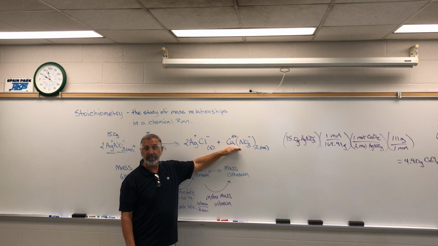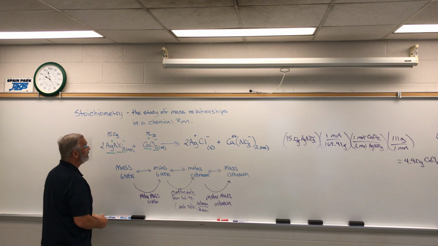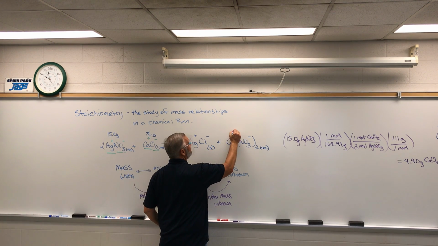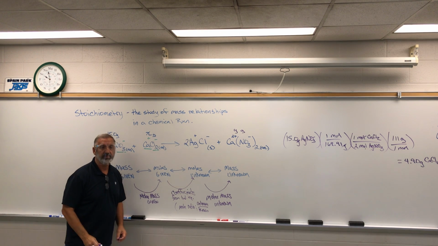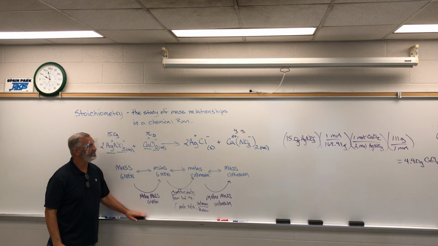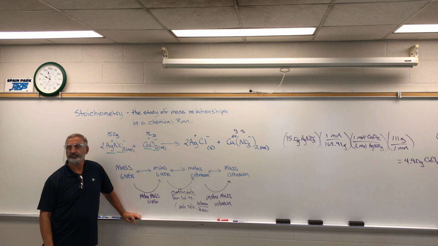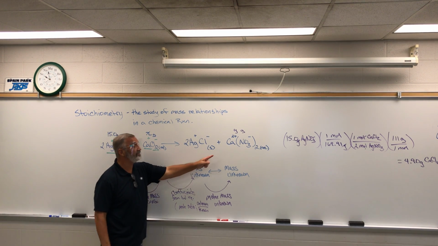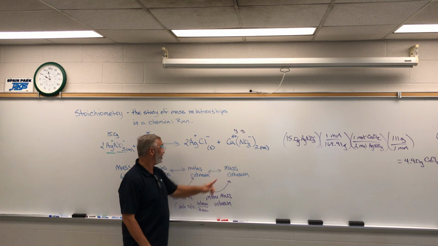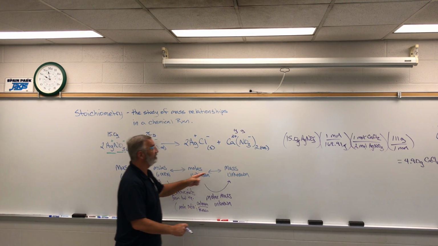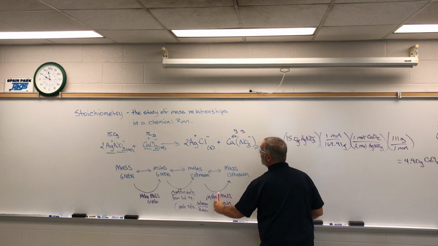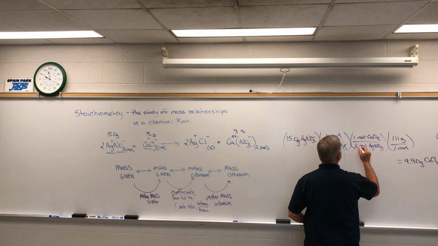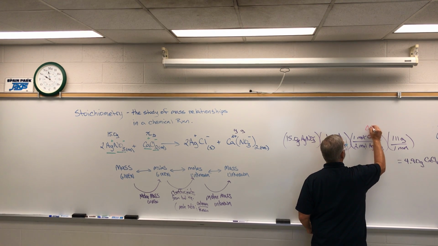Now, how would I go and find this? What would I do to find the calcium nitrate? Same thing, except now my unknown is this. So the steps are going to be the same. 15 grams divided by this, and instead of saying 1 mole of calcium chloride, I'm going to say 1 mole of calcium nitrate.